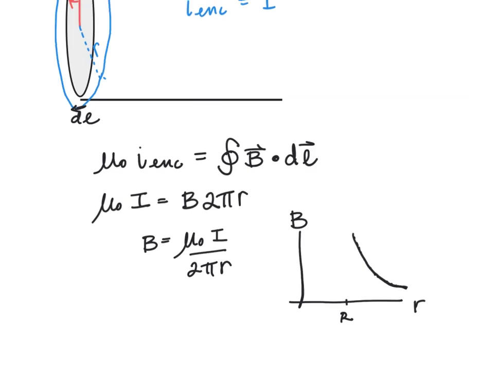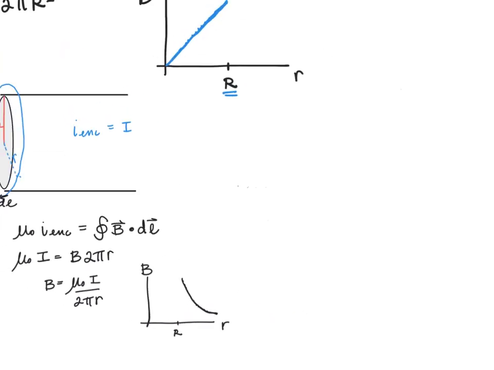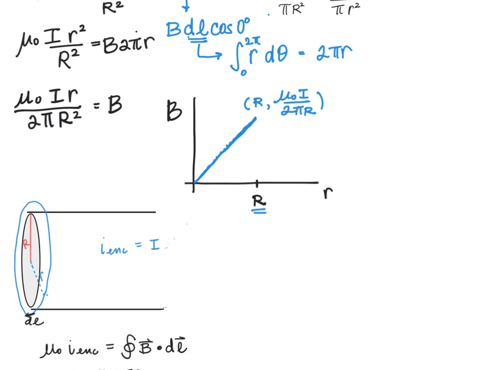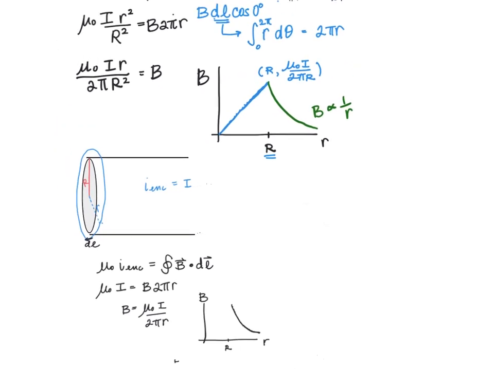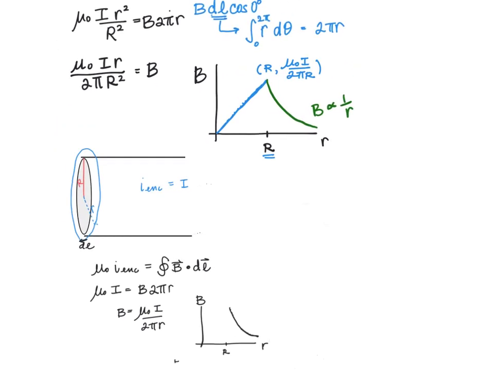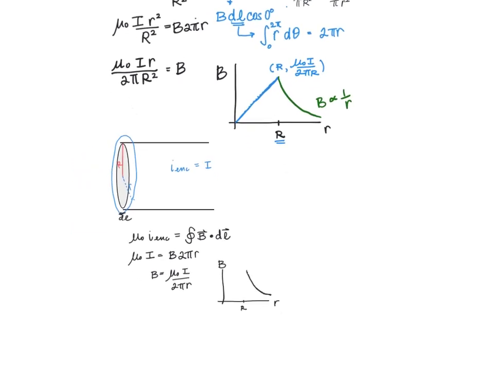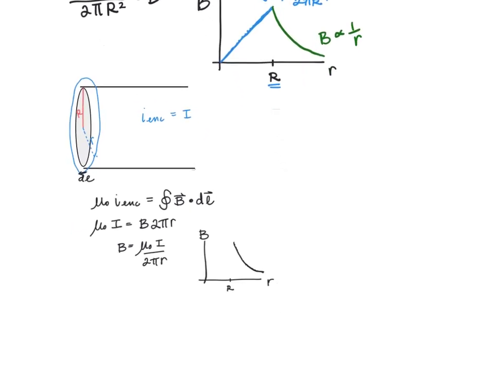So putting those together, inside the cable we get a linearly increasing magnetic field, and then outside the cable we'll get a magnetic field that is decreasing, where magnetic field is proportional to 1 over r. So still a lot like using Gauss's law for charge distributions, but it is Ampere's law for current carrying wires.